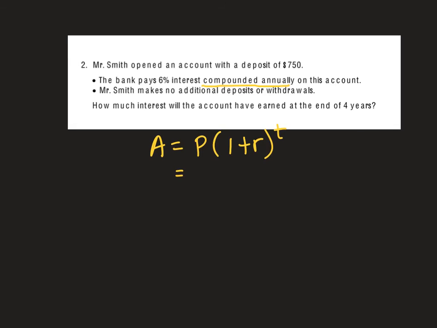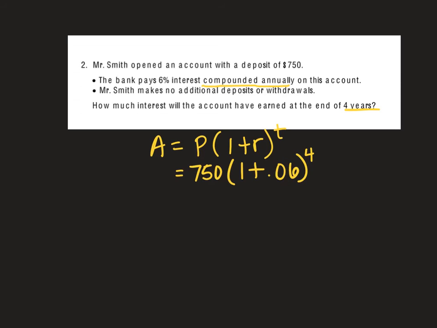I'm going to look at my principal, which is my starting amount, my $750 that I put into the account. I'm going to draw in my parenthesis, 1 plus, my rate is 6%. And again, remember those steps. We have to take that percentage and convert it back to a decimal, 0.06. And my time has to be in years. Thankfully, it is in years. And it's actually an exponent.